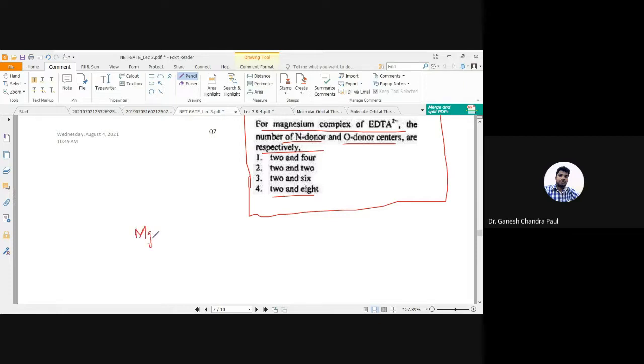First we put the magnesium in the middle. EDTA means ethylene diamine tetraacetic acid, right? Ethylene diamine tetraacetic acid.